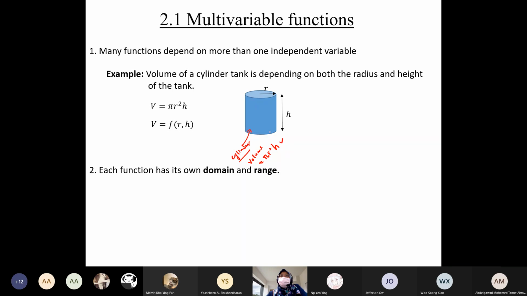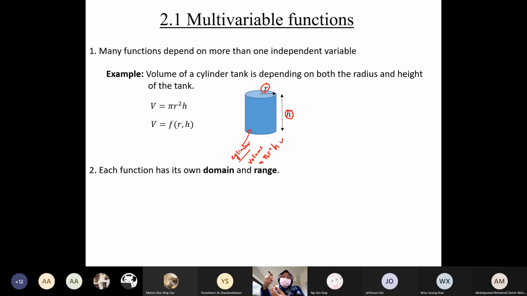You can see that this volume depends on the radius and height. If you have a cylinder and you increase the radius, it's getting bigger, so it will affect the volume of this cylinder.